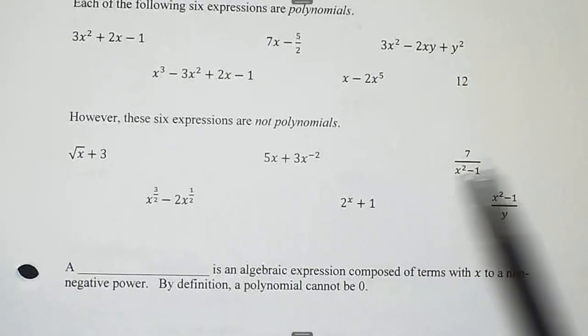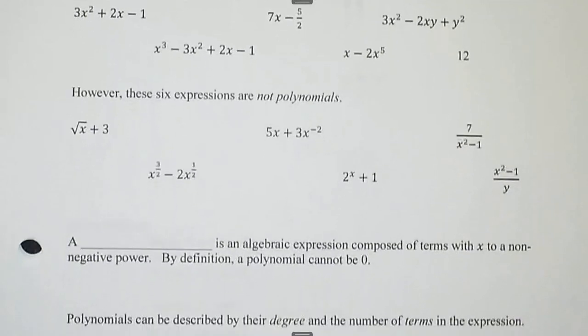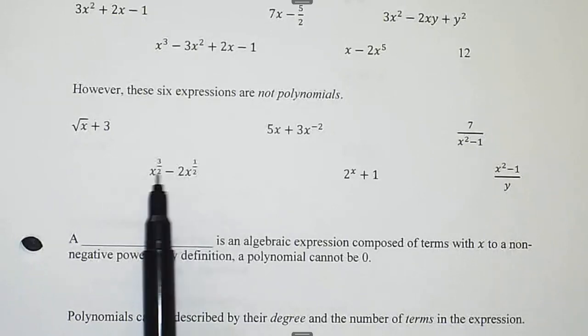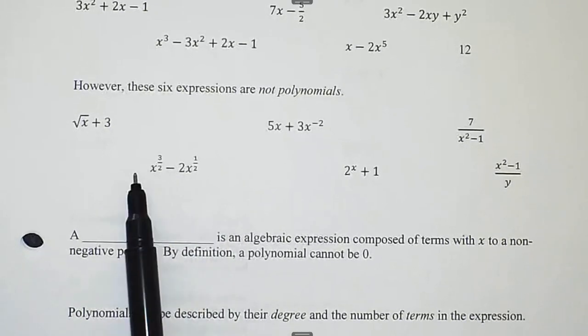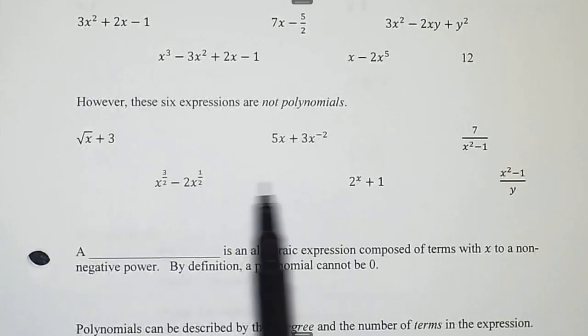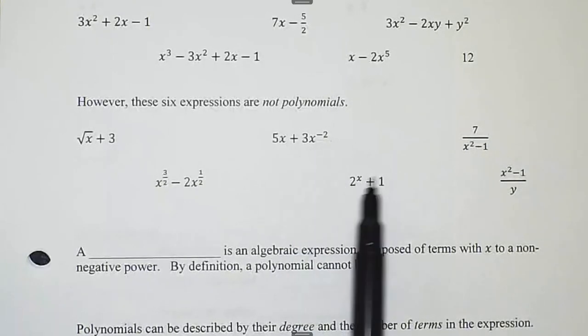These are not polynomials. So let me talk about some things that aren't allowed. The square root symbol, once you put that in, it's not a polynomial. These fractional exponents, which some of you may not know what those really mean yet, we will learn about later if you have not already seen them. But they're not polynomials. Negative exponents make it not a polynomial.